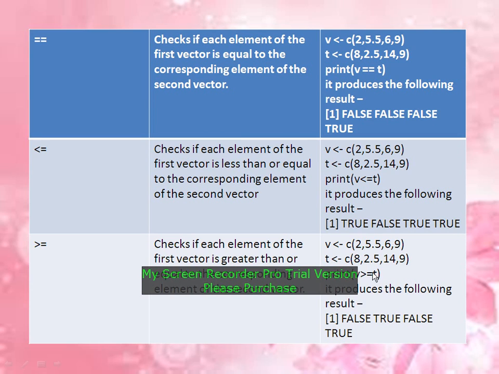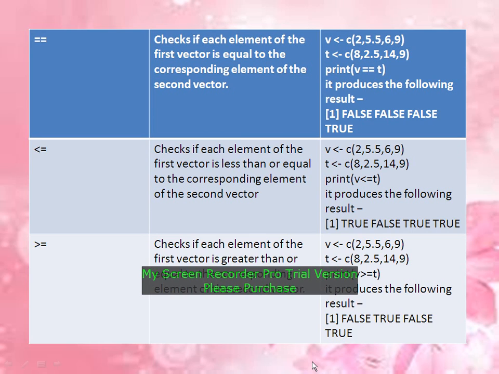So V greater than or equal to T. 2 greater than or equal to 8 false. 5.5 greater than or equal to 2.5 is true, because greater than is true, no need to check equal to.